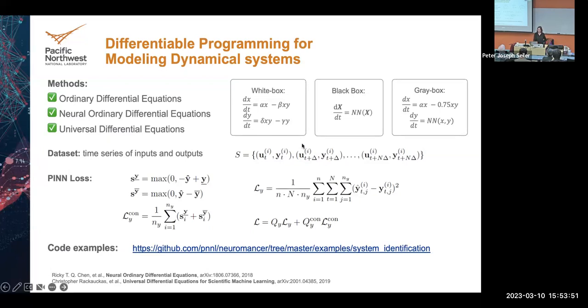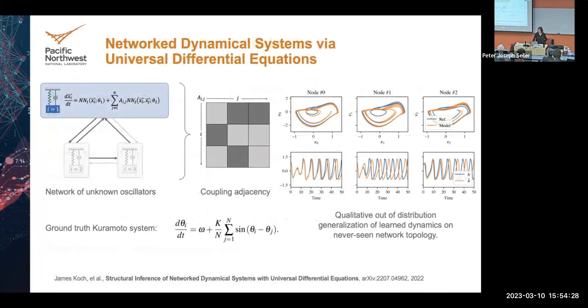With our toolbox, you can represent all of these models, and then based on time series data of inputs and outputs, you can train the parameters that belong to the neural representation component of the model, and also the parameters that are unknown. For example, in this case, this alpha parameter is not known, but this is a fixed constant that everybody knows, as an example. So with the same tools of parametric optimization, we can solve this system ID approach.